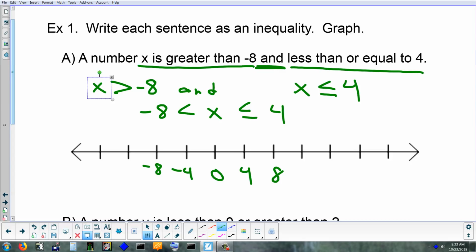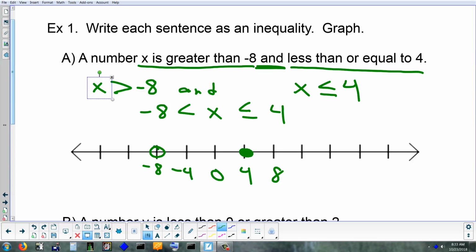What kind of circle am I going to put on -8? Open. Yep, open. What kind of circle am I going to put on +4? Closed, yep. And now this is an and problem. So where do we shade for and?